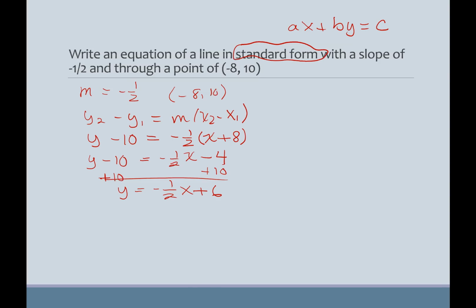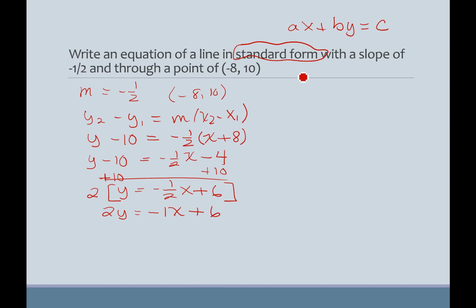Now this is in slope-intercept form. So I want to get rid of the half. So I'm going to multiply everything by 2. So I'm going to get 2y equals negative 1x plus 6.